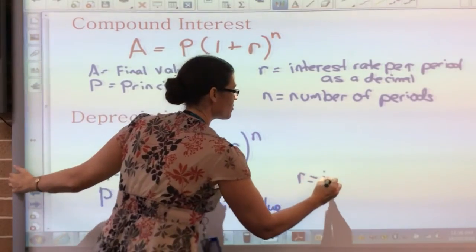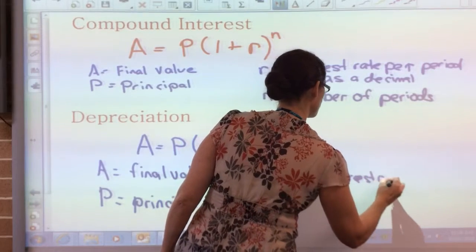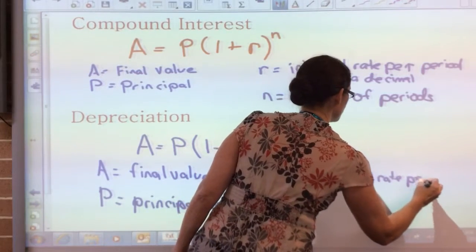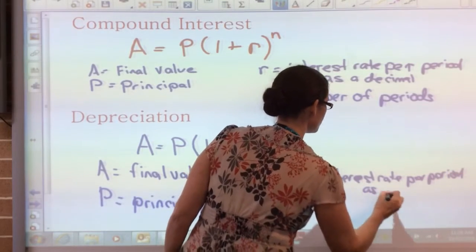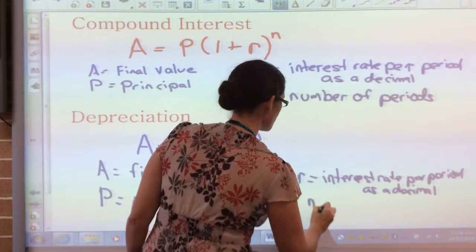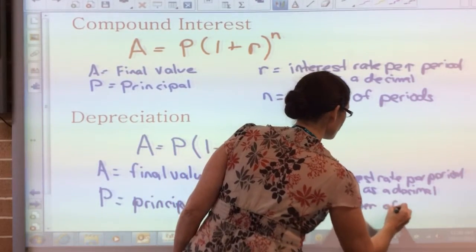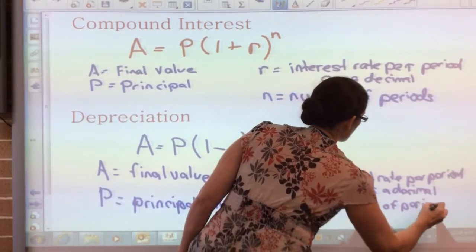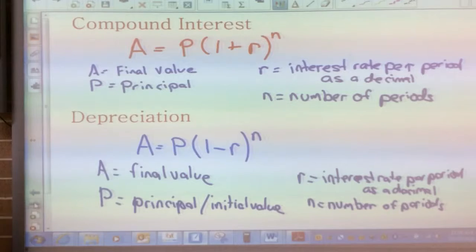R is still the interest rate per period as a decimal. And N is the number of periods. So it's exactly the same definition, but the questions tend to be easier because they don't muck around with R and N and just leave them as years, making it a little bit nicer.